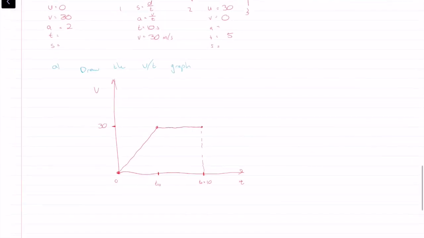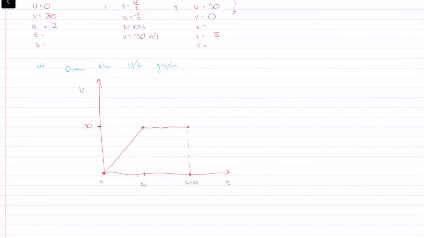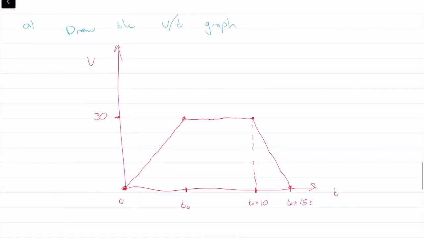And then t naught plus 15 seconds, it needs to get back to 0 because it takes 5 seconds, so we go back to 0. I hope you guys are understanding what I'm saying. So this time here is t naught, this time here is t naught plus 10, and this time here is t naught plus 15.